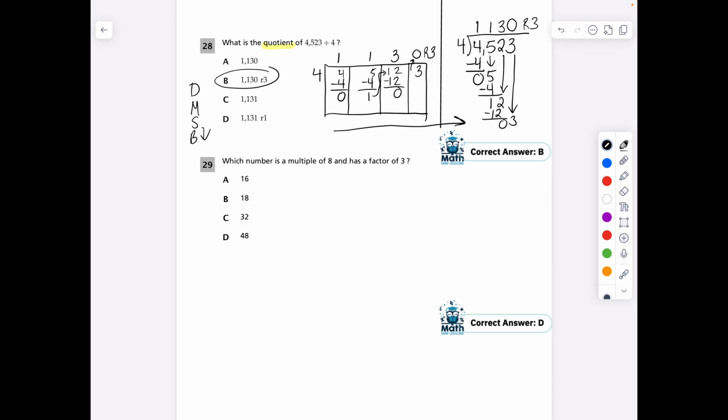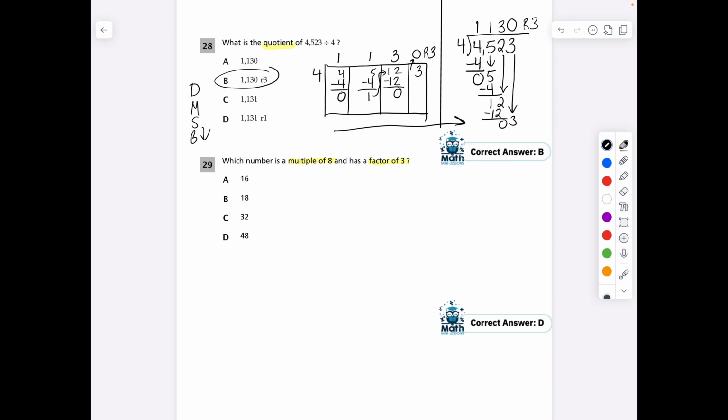All right, let's look at number 29. Which number is a multiple of 8 and has a factor of 3? So we're looking for 2 things. We're looking for a multiple of 8, meaning I can skip count by 8, but it's a factor of 3, so I can divide by 3. To do this one, I'm actually going to work off of those numbers first.